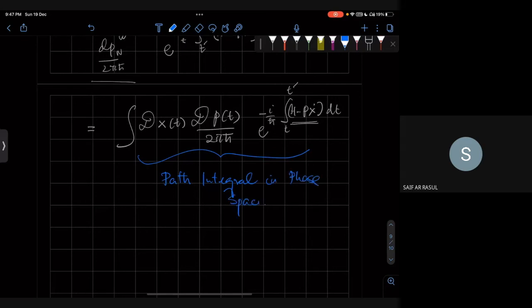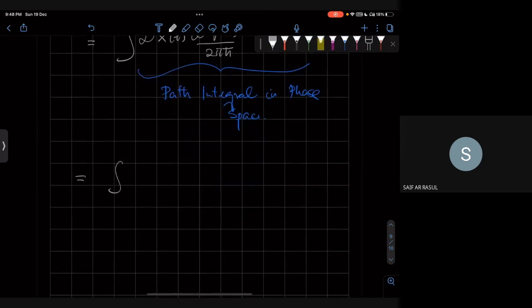Now, if you do the p integrals, then you can derive the path integral in coordinate space, and that goes from, say, x prime to x, d of x of t, and it's e to the power i by h bar, and then it goes from t prime to t, and it's the classical Lagrangian, okay, which is a function of x of t and x dot of t.